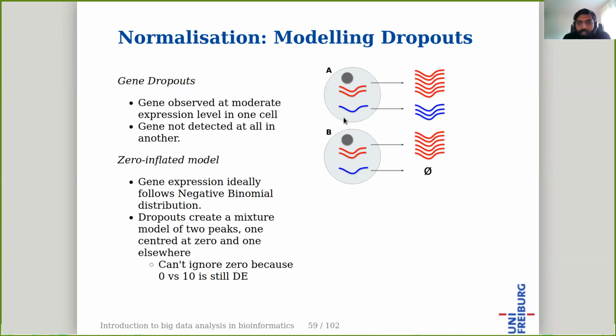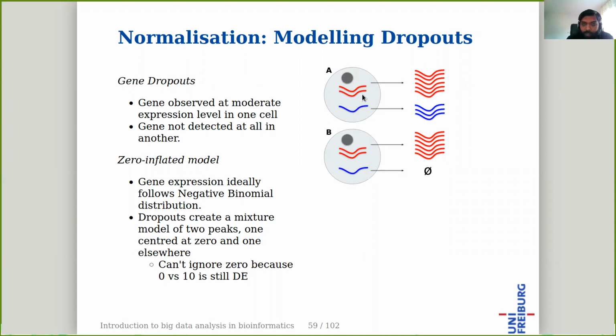Let's look at this example where there are 2 cells, A and B, of exactly the same type, represented by this gray color, which means they are from the same cell type. In theory, they must have at least reasonably the same gene expression profiles. In this case, we see 2 red transcripts in the cell and 1 blue transcript in both of them.